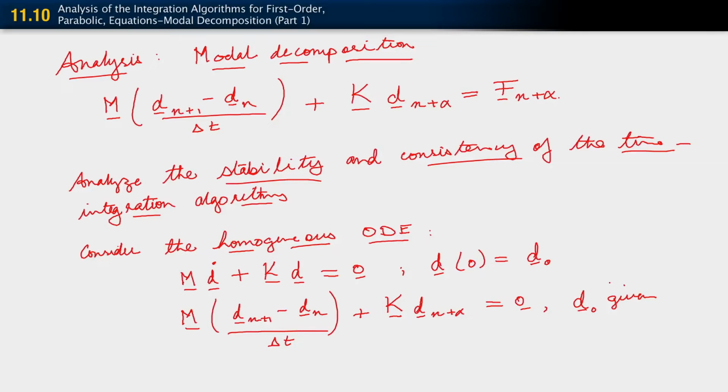One thing you will recognize here is that in all of this, what we are saying is that d n plus alpha equals alpha d n plus 1 plus 1 minus alpha d n. That's what we have.